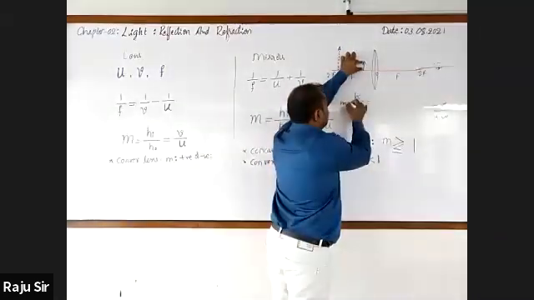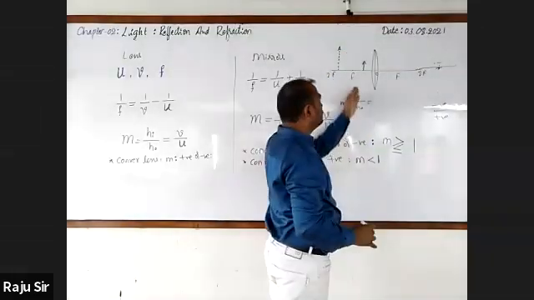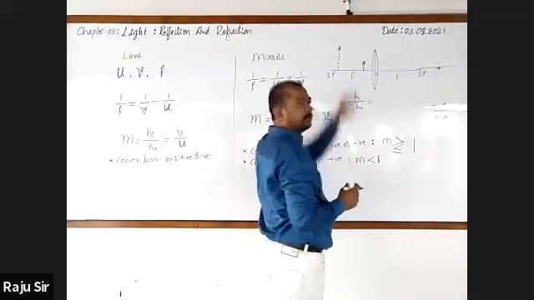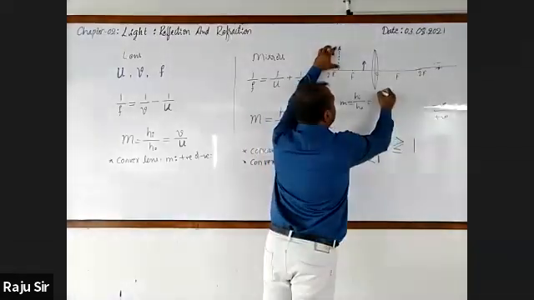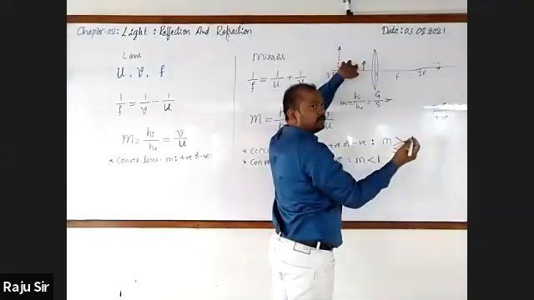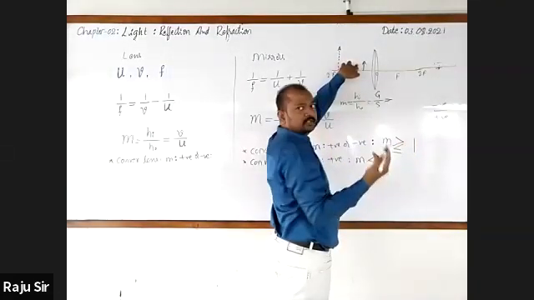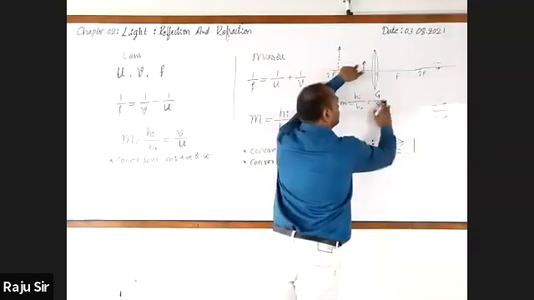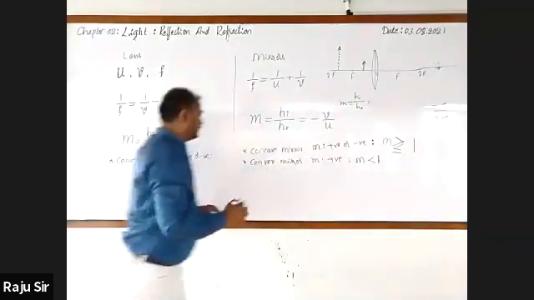Then what will the magnification be? Will it be greater than 1 or less than 1? It is always greater than 1, a greater value divided by a smaller value. So we can say it is greater than 1.